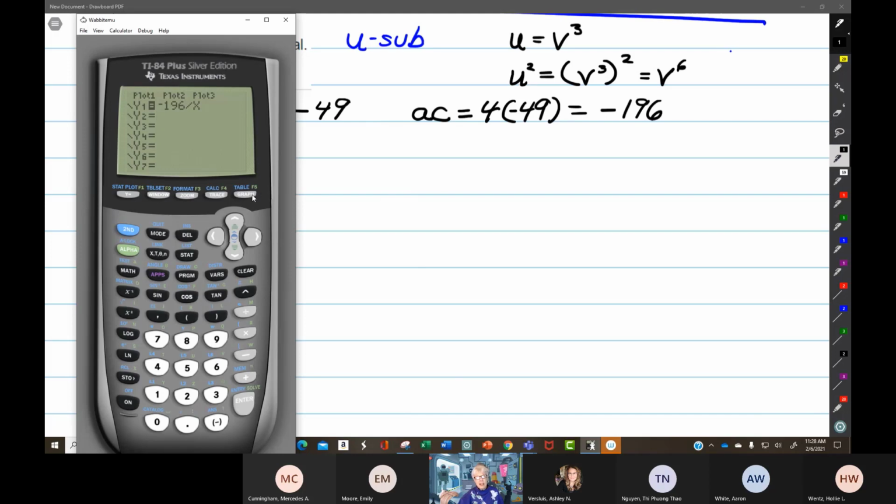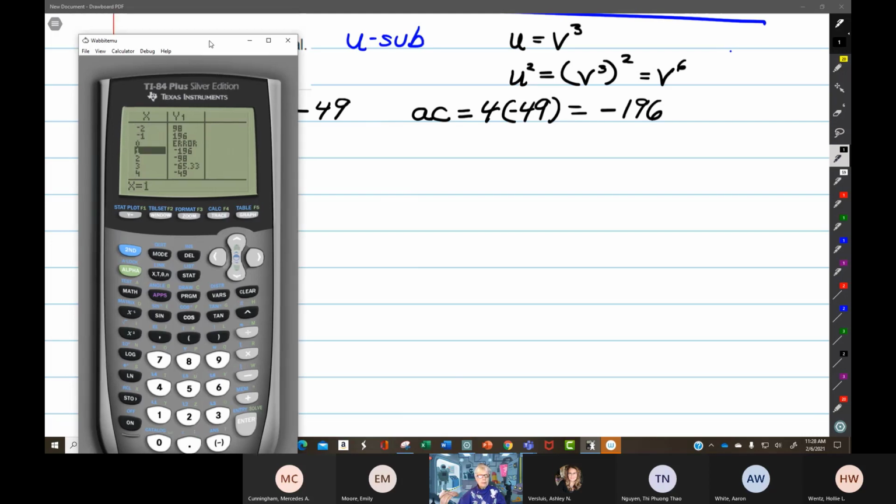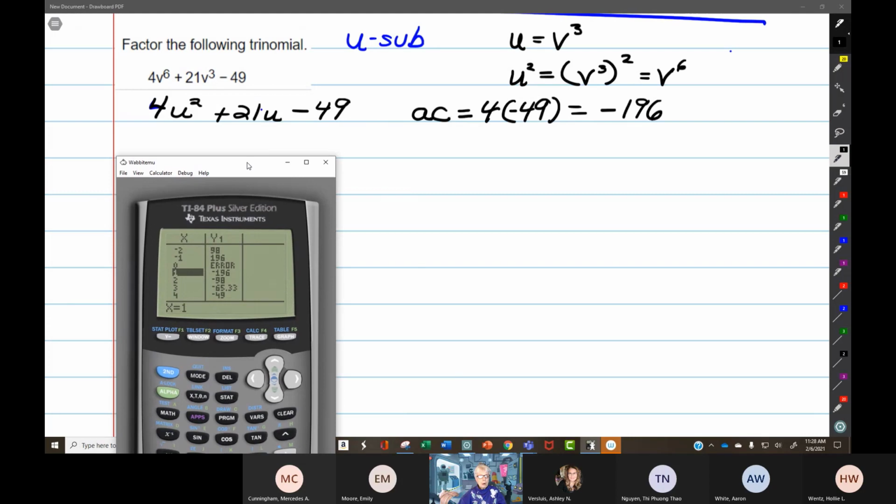Graph. Don't hit enter, hit graph. I don't care what it looks like. Hit second graph. There, that's a lot better. Okay, let us go back to the very beginning here.